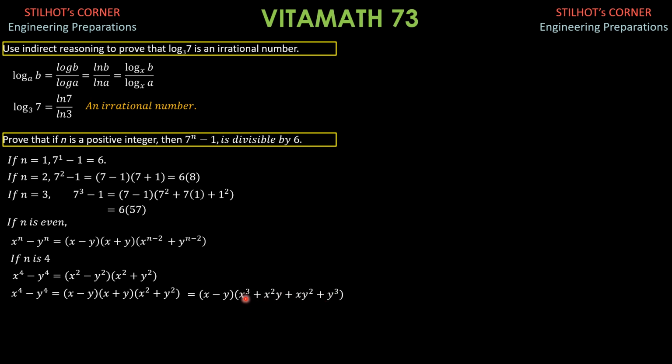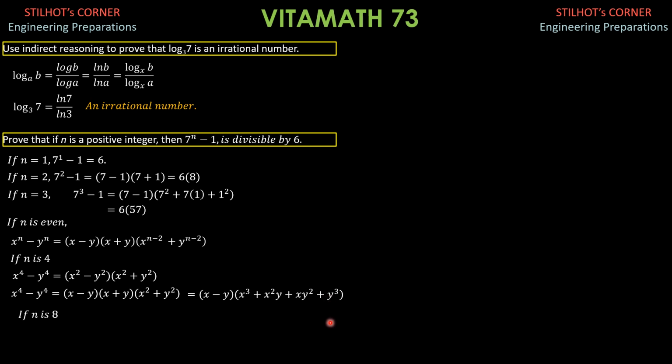And notice that for the other factors, we have x to the third, which is 1 degree less than x to the fourth, then the degree of x is descending by 1 until it becomes 0, while the degree of y is ascending from 0 to 3, and 3 is 4 minus 1.